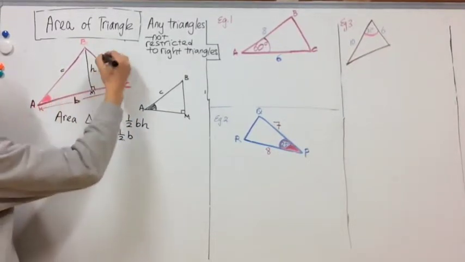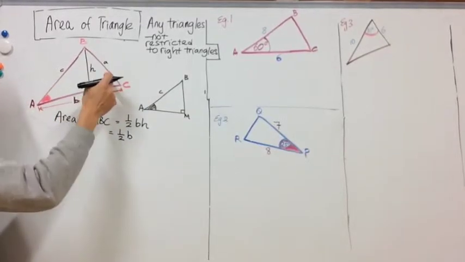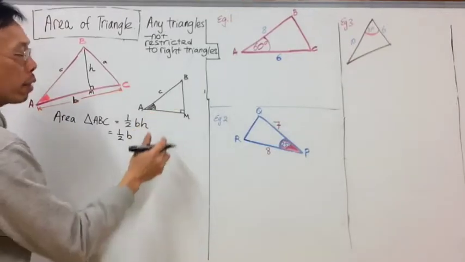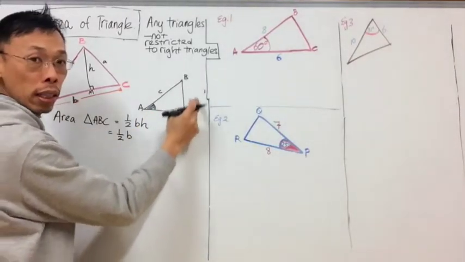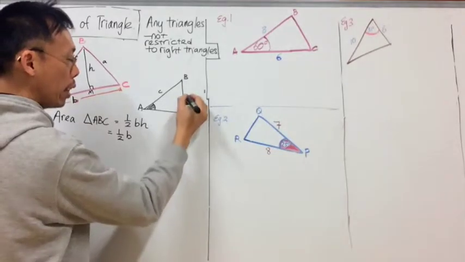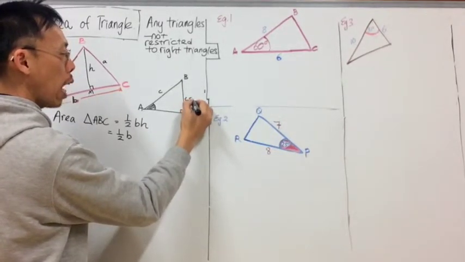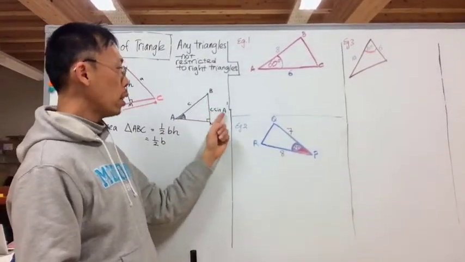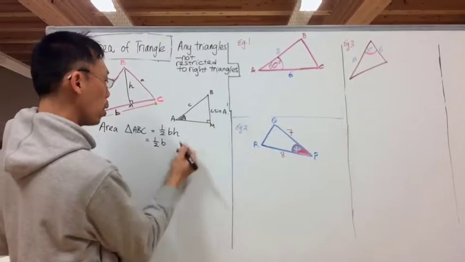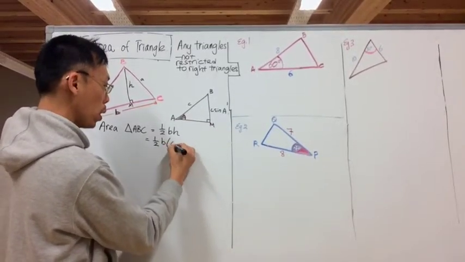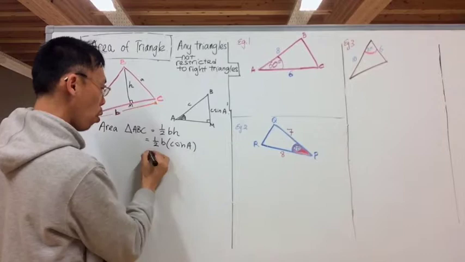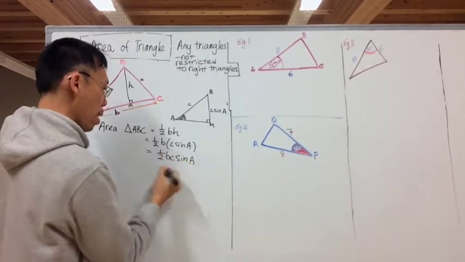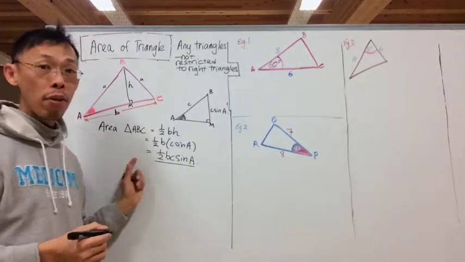And here is small a, the side that is opposite A. So from a previous lesson, we know that this height here is just going to be c sine A. So we can replace h with c sine A, and therefore we get the formula half b c sine A. So that's the formula for the area of the triangle.